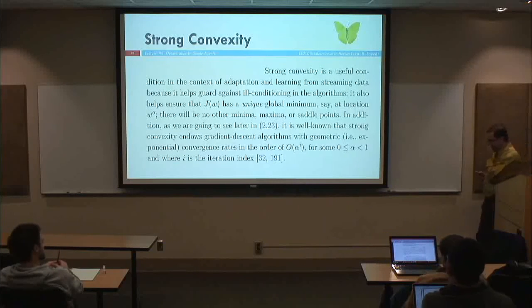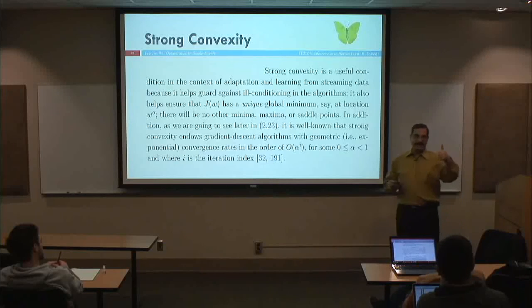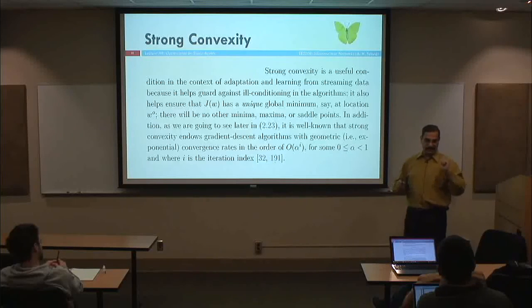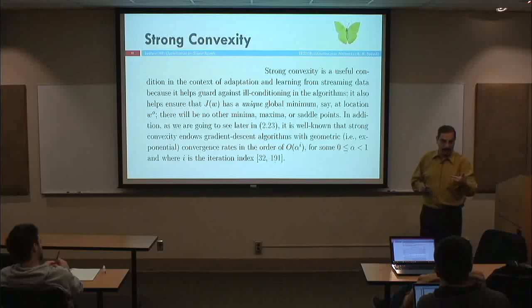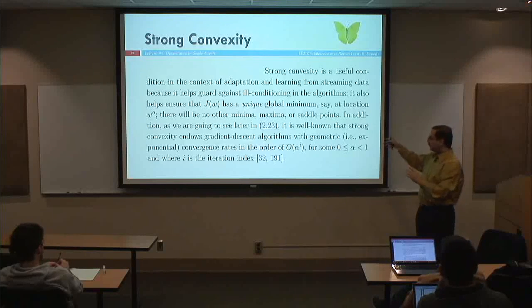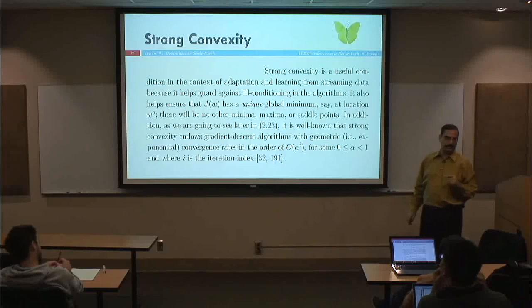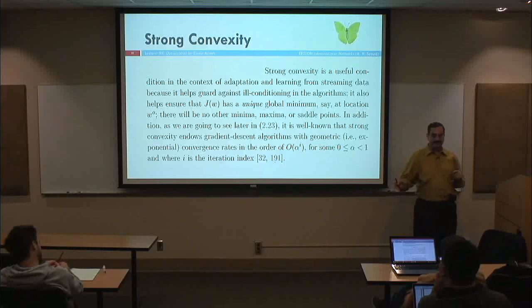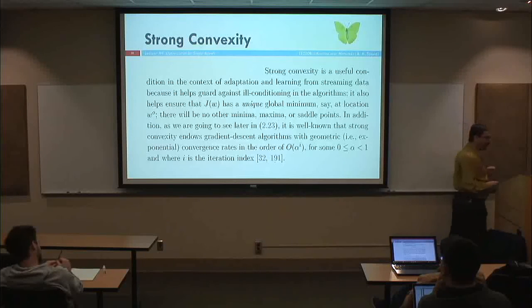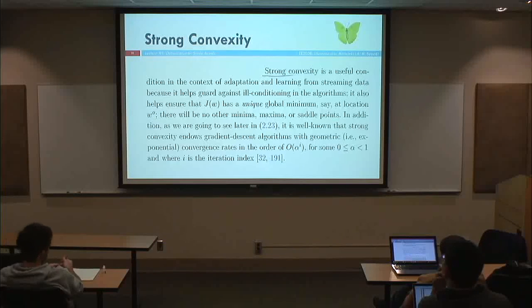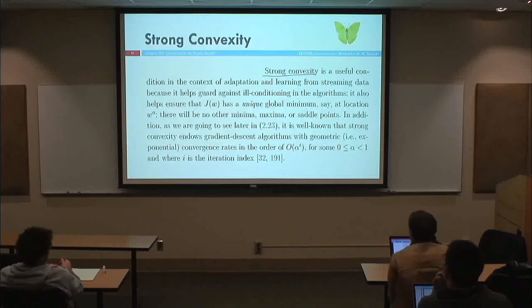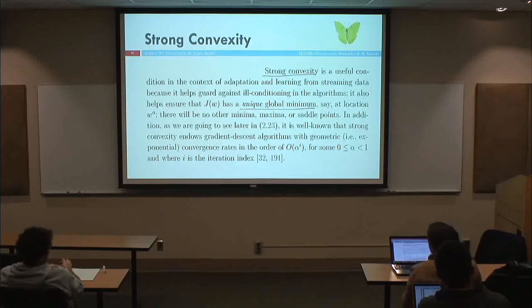Now, it's not just because you will have a unique minimum that I'm interested in strong convexity. There is actually a little bit more, and you will see that in today's lecture. Here I'm just stating them. The proof of these results, or of at least the last part of this statement here, you will see later in this class. Another main motivation for using strong convexity, besides having a unique global minimum, is this fact.